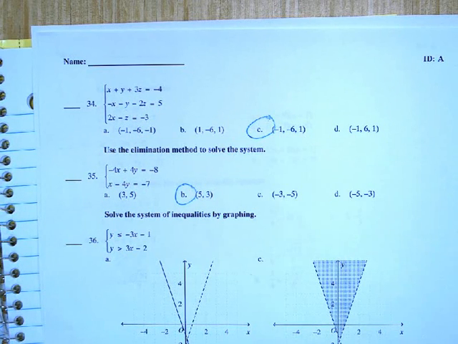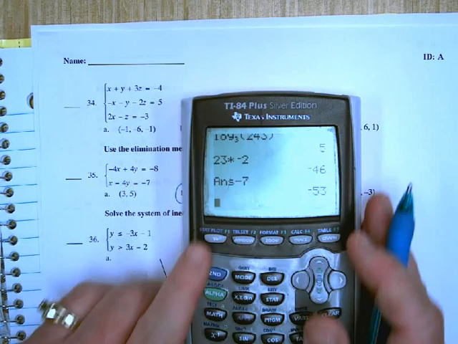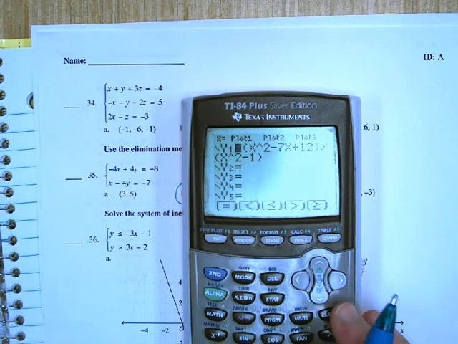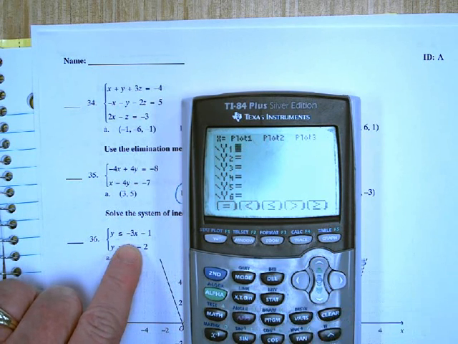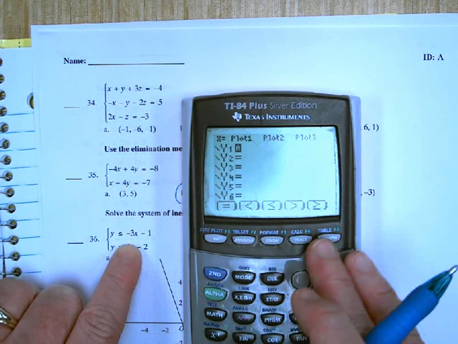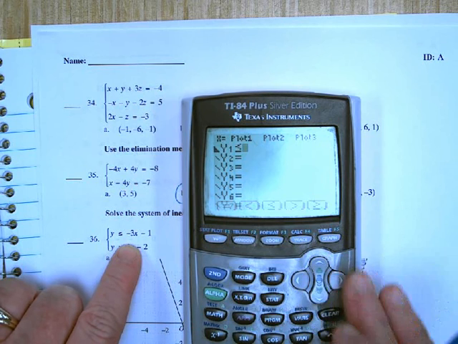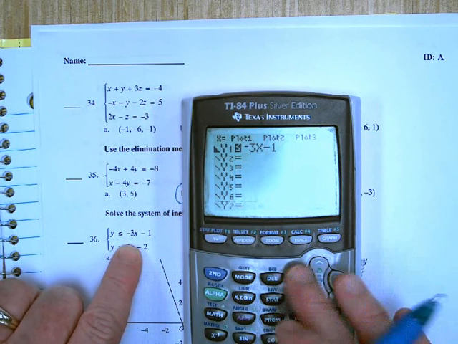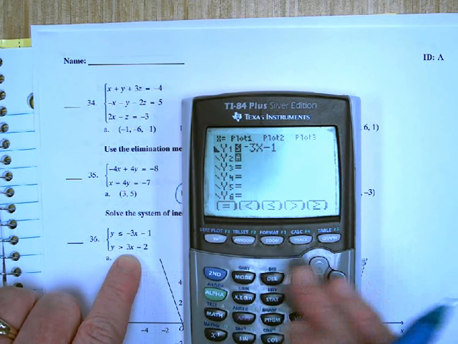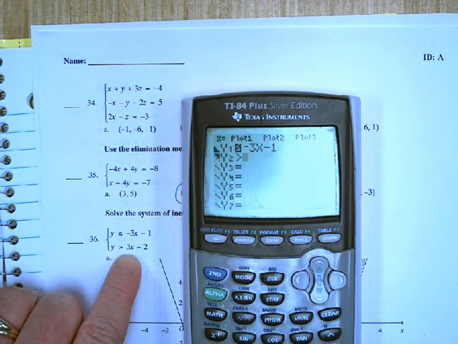36, you put that in your calculator and y equals, and it will say less than or equal to negative 3x minus 1. And the next one says greater than 3x minus 2.